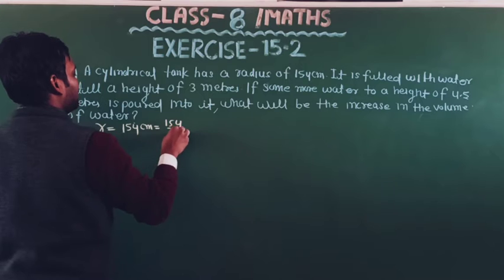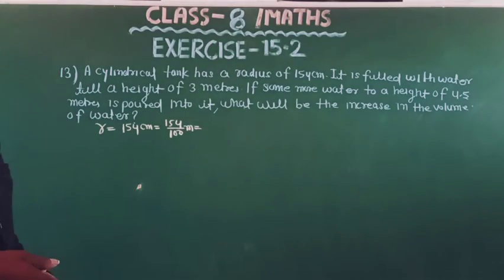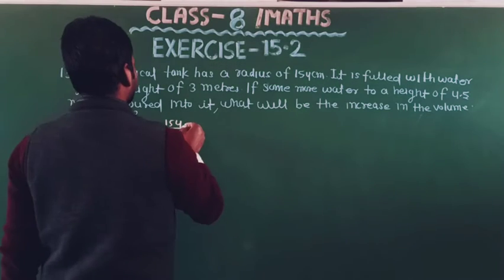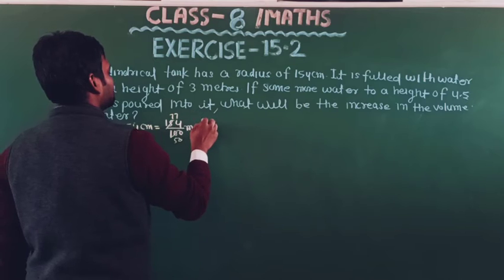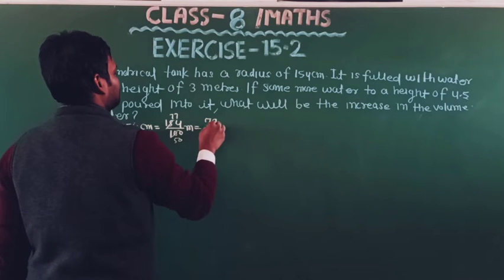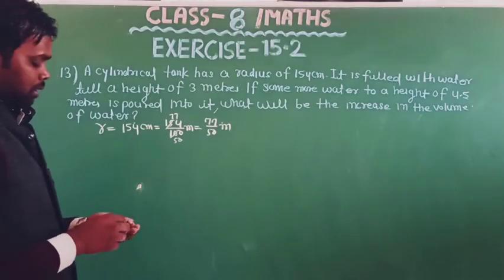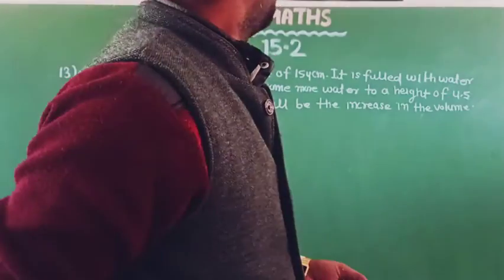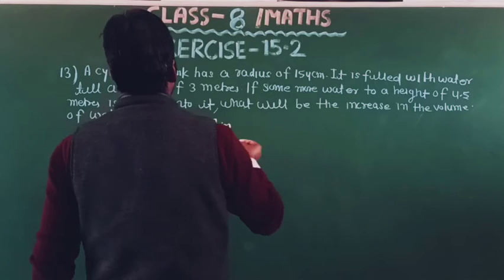To change into meter, we need to divide by 100, so R is equal to 154 upon 100. Now simplify, this is 77 by 50 meter. And the tank is filled with water till a height of 3 meter.